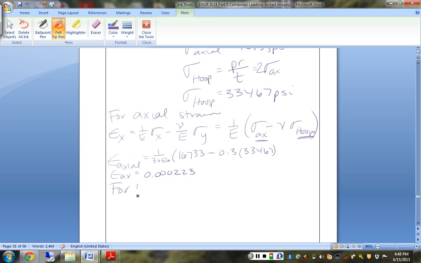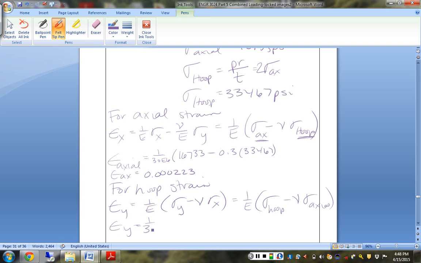For hoop strain, that is my Y direction: 1 over the modulus, sigma Y minus nu sigma X, or 1 over E, sigma hoop minus nu sigma axial.